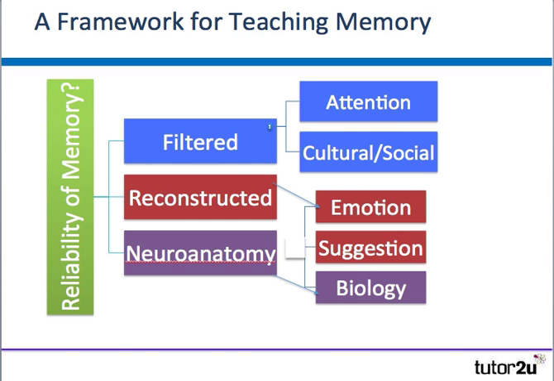The filtering, memory is filtered through attention, and memory is filtered culturally or socially. It's reconstructed via emotion or suggestion. And of course, neuroanatomy refers to the biology of the brain, and the memory is affected by brain structure and brain processes. So if we look first at attention and memory.